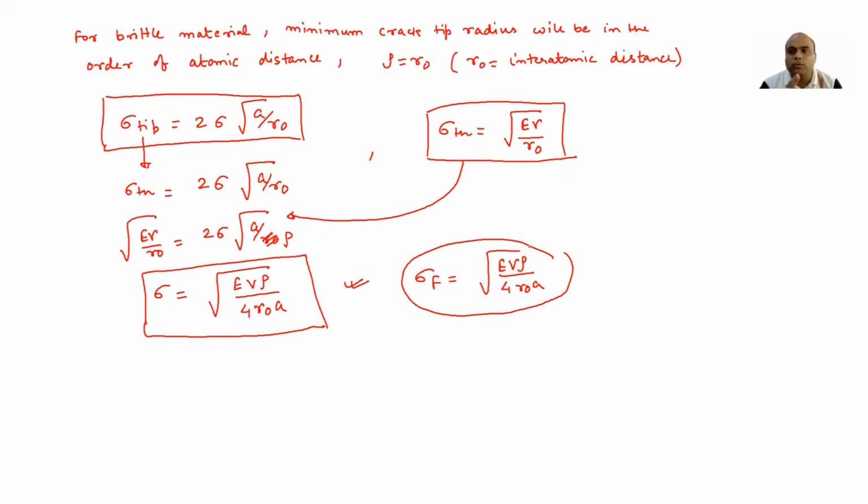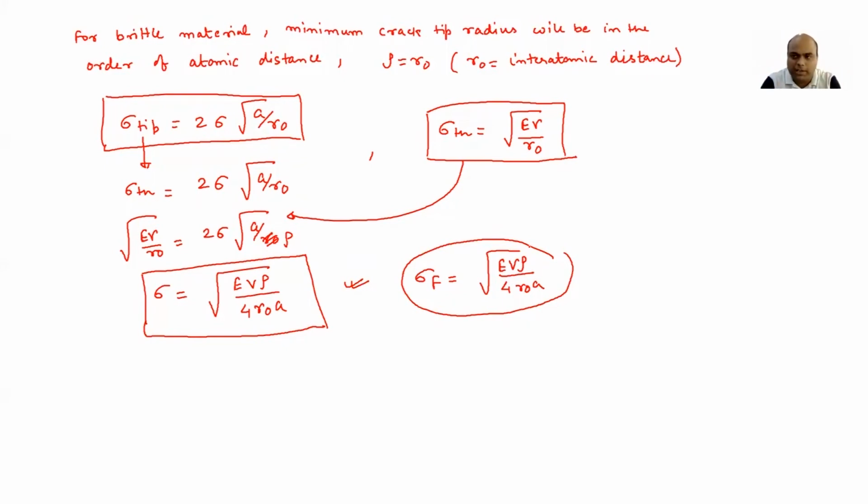Later on, I'm going to also talk about ductile material. In ductile material, typically because of the plastic deformation, your crack tip is going to get blunted, so your rho is going to be much higher than R naught. For brittle material, there is very little or approximately no plastic deformation, so rho is in the order of R naught.